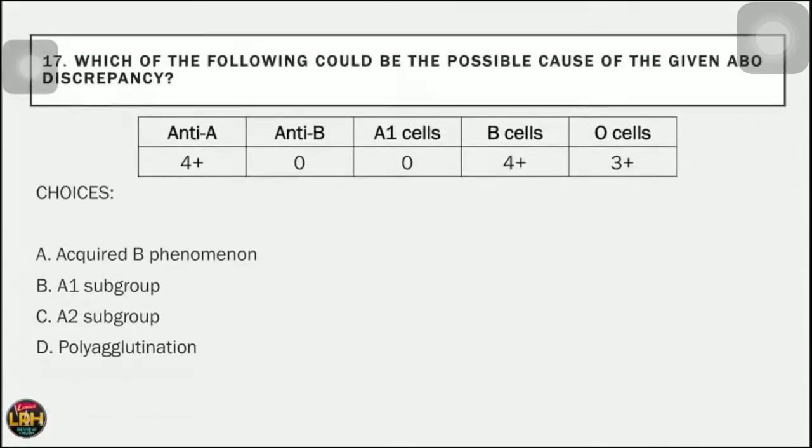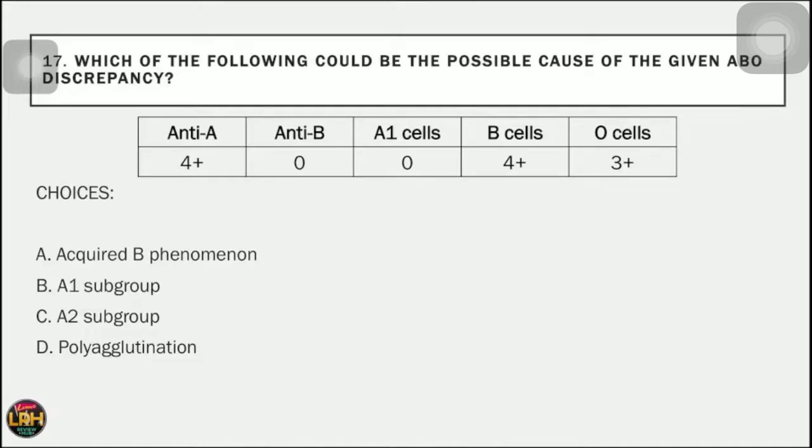Number 17, which of the following could be the possible cause of the given ABO discrepancy? An anti-A reaction of 4+, anti-B reaction of no agglutination, A1 cells no agglutination, B cells 4+, O cells 3+. The choices are A, acquired B phenomenon, B, A1 subgroup, C, A2 subgroup, or D, polyagglutination.